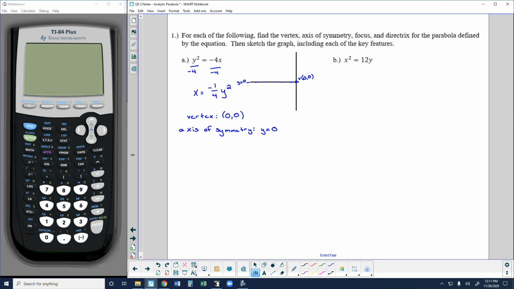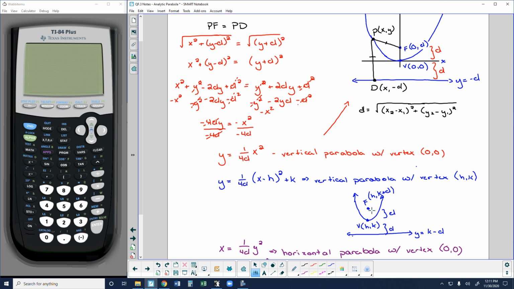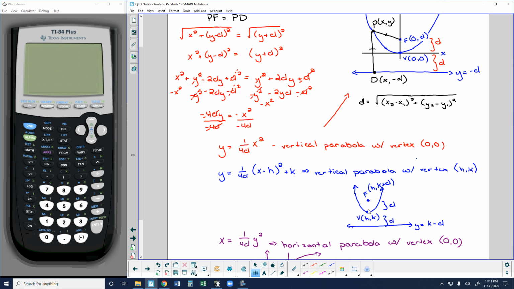Now we need to find the focus and the directrix and then sketch in the parabola. The focus and the directrix go back to the definition. They're the same distance from the vertex. So I know where my vertex is. Focus and directrix are the same distance on either side of my vertex. Notice that the focus is always inside the parabola. So it's on the axis of symmetry, and it's inside the parabola, and it is d units away from the vertex.